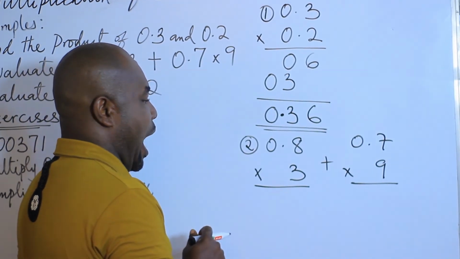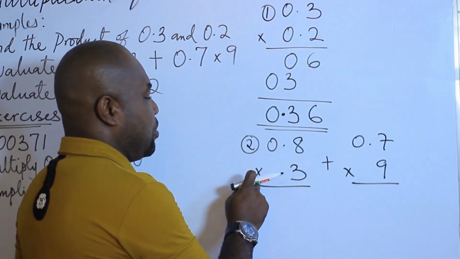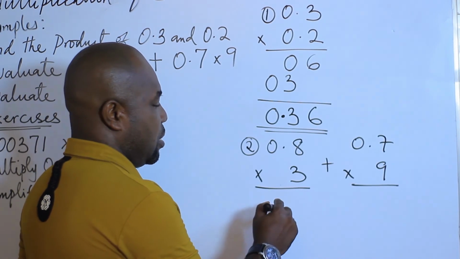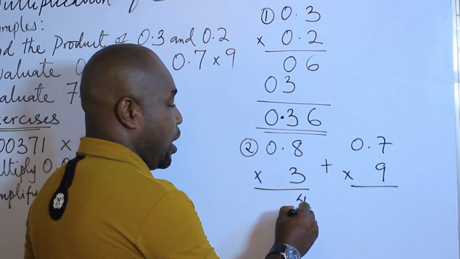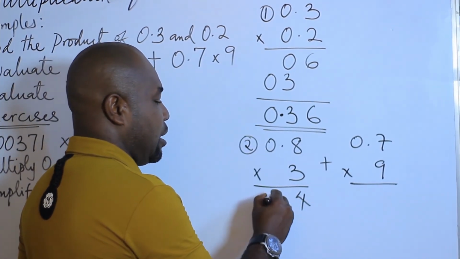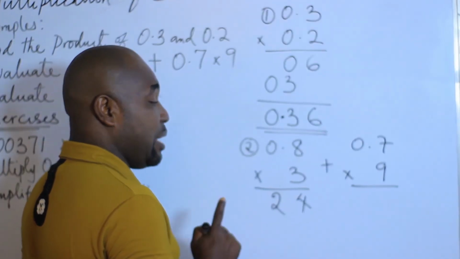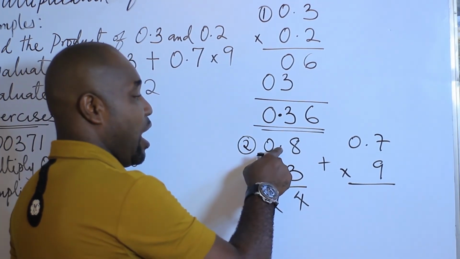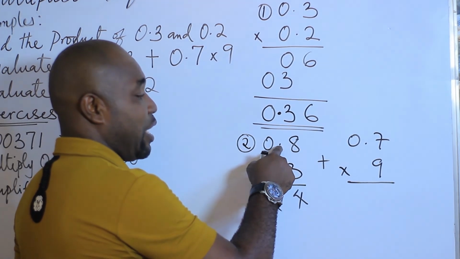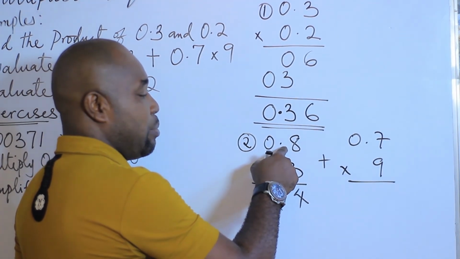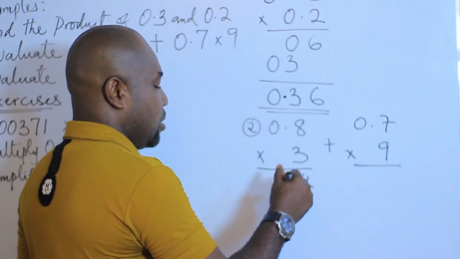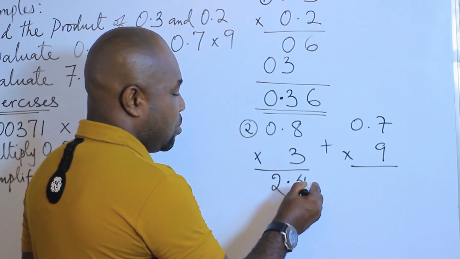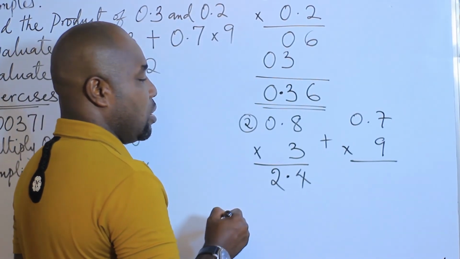Now let us multiply. 3 times 8 is 24, right? Write 4, carry 2. 3 times 0 is 0, then add the 2. How many decimal places do we have? We have just 1 decimal place here. We put 1 decimal place, 2.4.